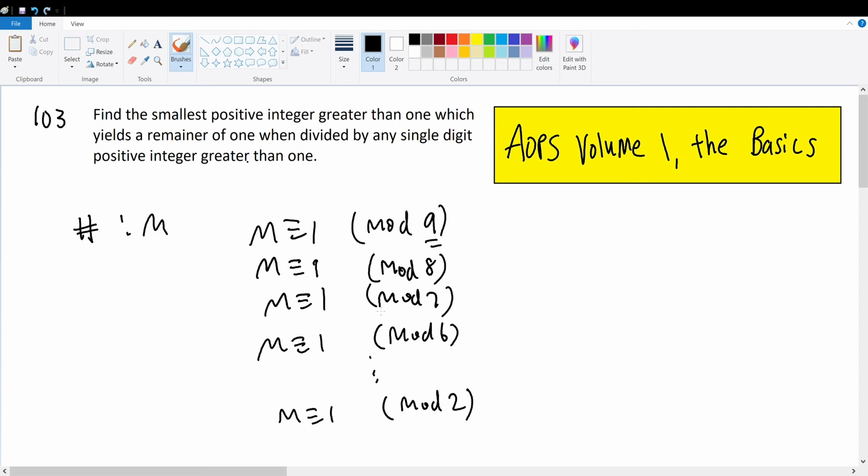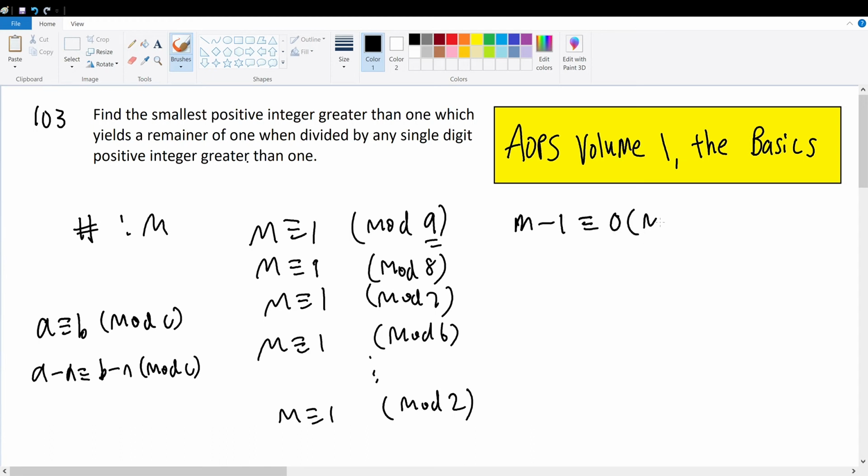And now with a modular property, which is that if a is congruent to b mod c, then a minus n is congruent to b minus n mod c. And with this understanding, we can subtract 1 on both sides of the congruence to get n minus 1 is congruent to 0 mod 9, n minus 1 is congruent to 0 mod 8.